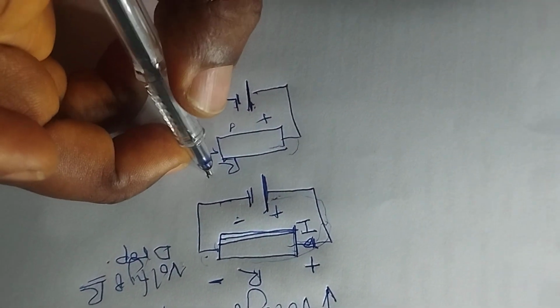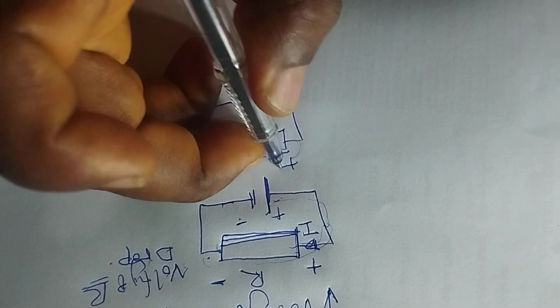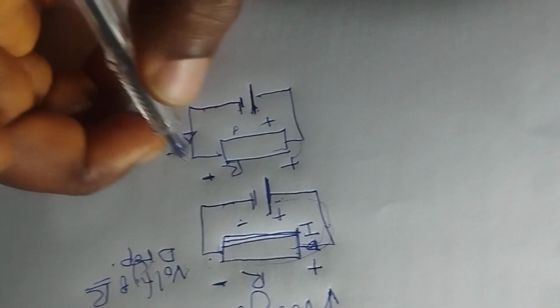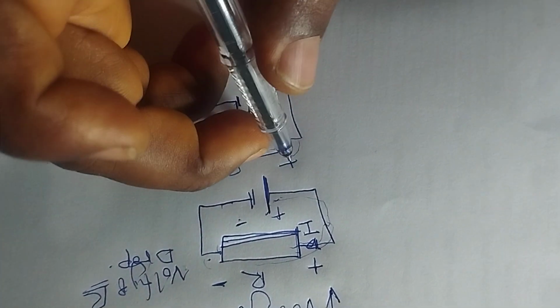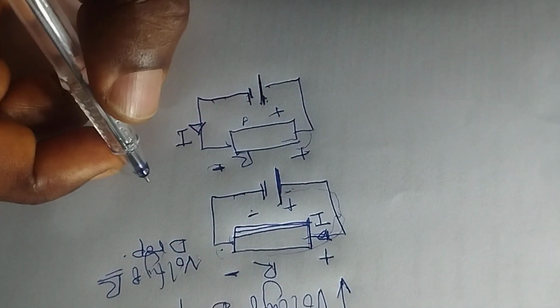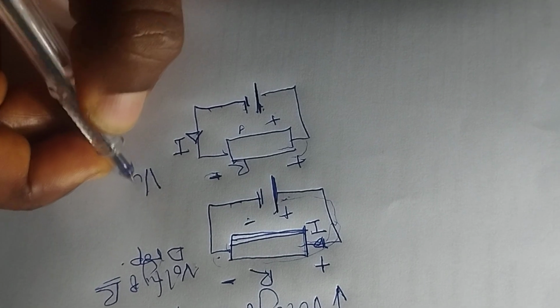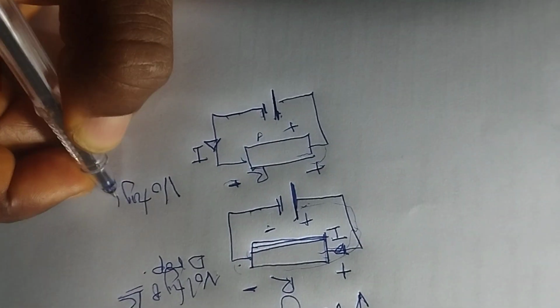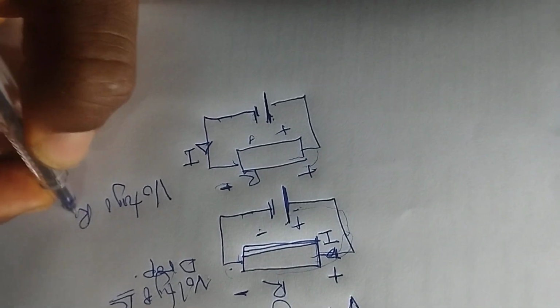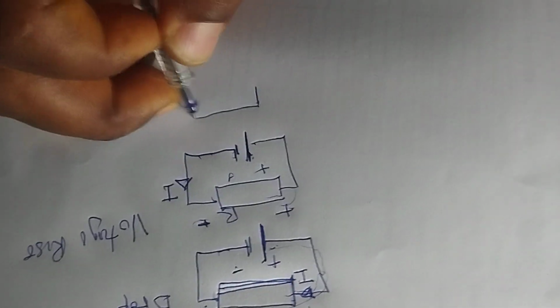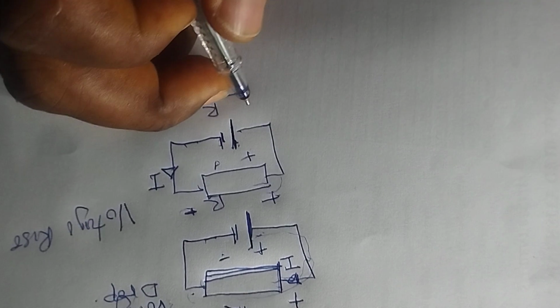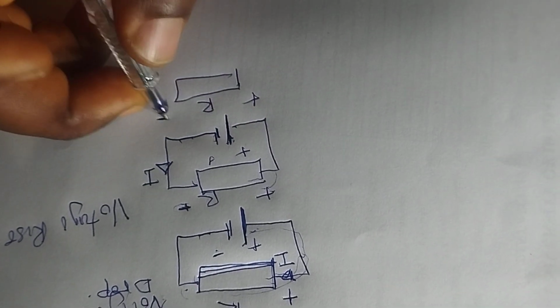So I have this minus here, then I have this plus here. You can see that the current is moving from the negative to the positive. That means from the lower to the upper side. So we call this place voltage rise.